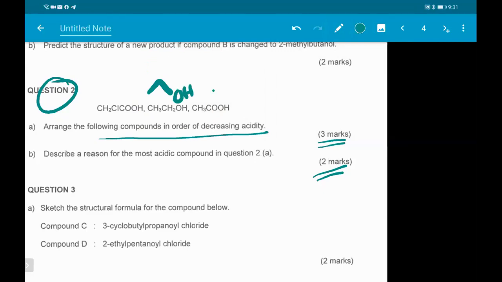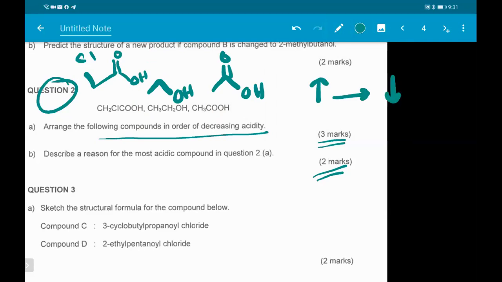Yang ni carboxylic acid macam ni, C double bond OOH. Satu lagi, C double bond O, OH, kemudian ada Cl. Alright. Decreasing acidity meaning that we need to arrange from highest kepada lowest.